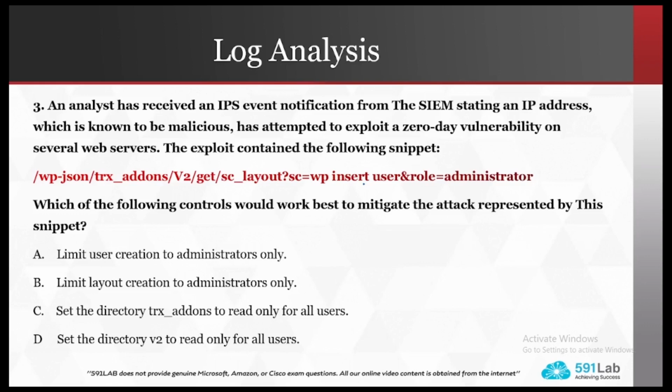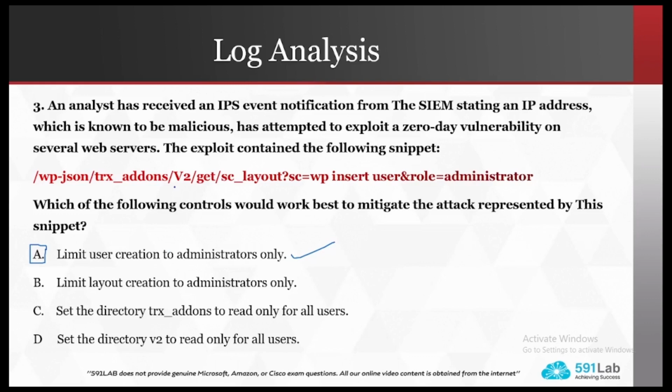So the snippet given was attempting to access the WP JSON endpoint, since this endpoint provides programmatic access to WordPress functionality to create a new user with the role of administrator.